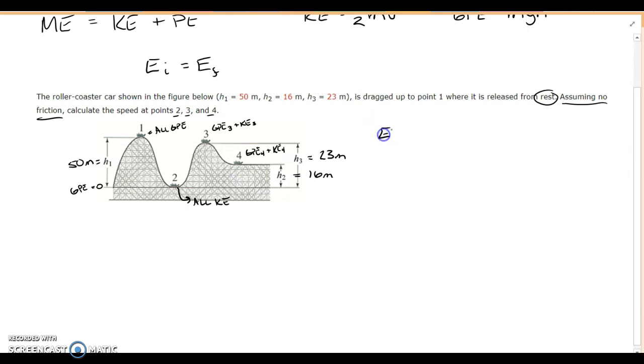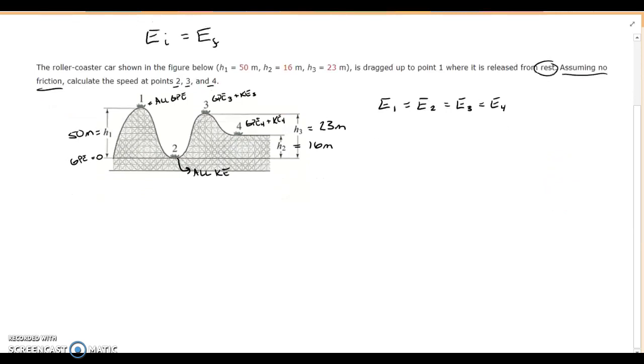So the energy at 1 is going to be equal to the energy at 2, which is equal to the energy at 3, which is equal to the energy at 4. And so we're going to use that fact to solve and figure out the speeds, or the velocities, at each location. So let's figure out what our energy is at 1.